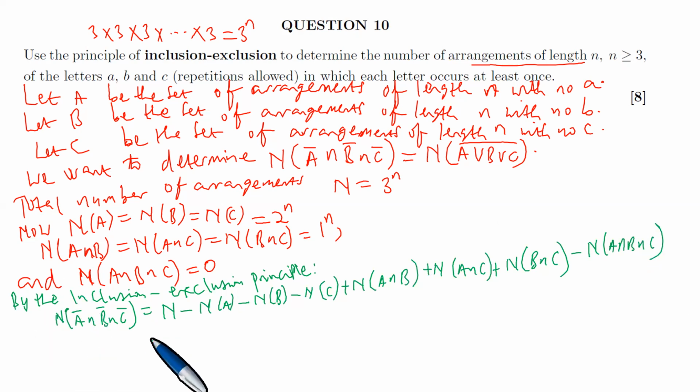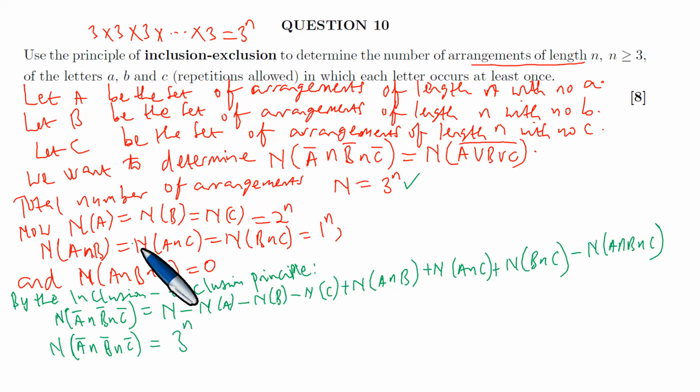All right, so what is this? So you have complement of A, complement of B, the complement of the set C. Goodness me. 3 to the power n is this one. The total number of the arrangements is 3 to the power n.